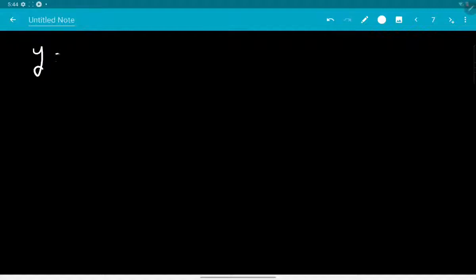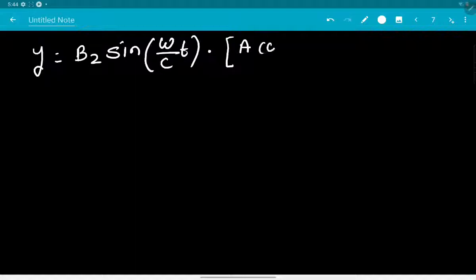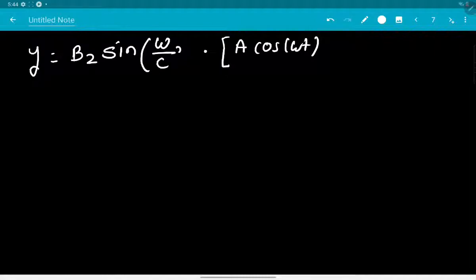Now we are left with y equal to b2 sine of omega by c x times A cosine omega t plus B sine omega t. See, this is x, not t; this is the dependence on x, and we have the time dependence over here.